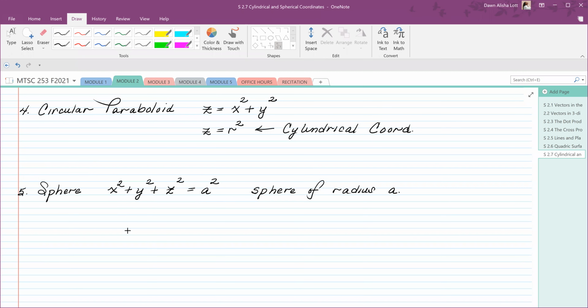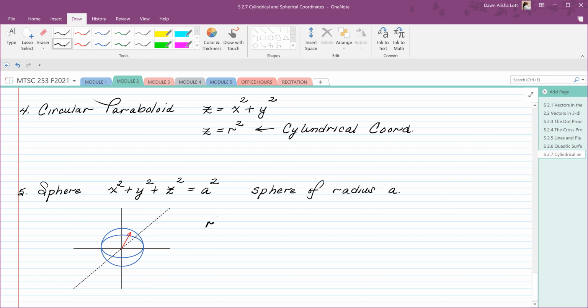So that's my sphere of radius a. Therefore, we would take x squared plus y squared, and we would replace that.